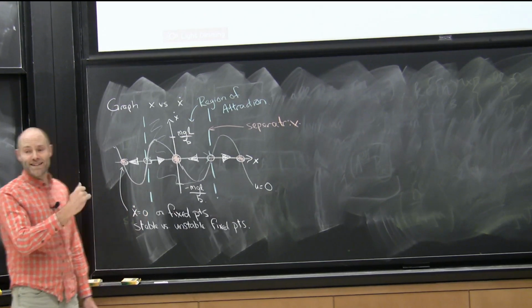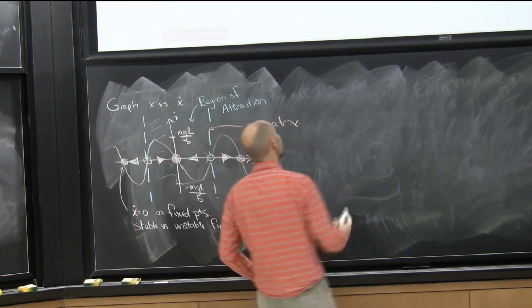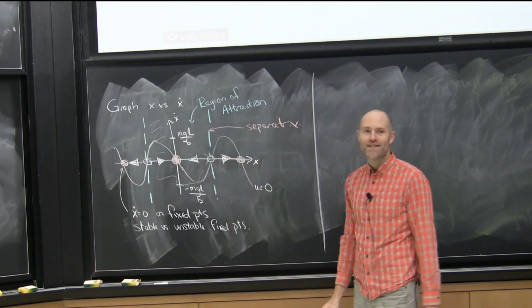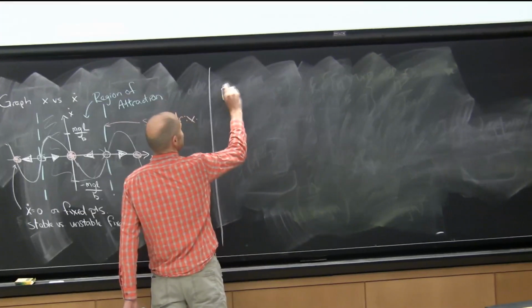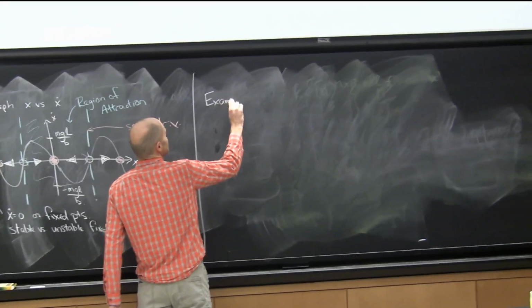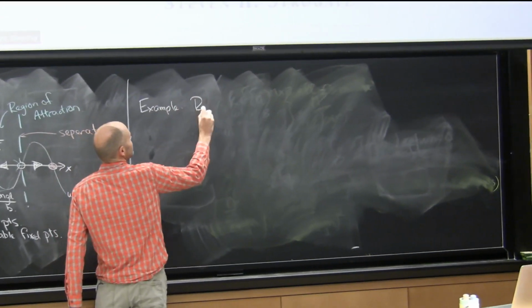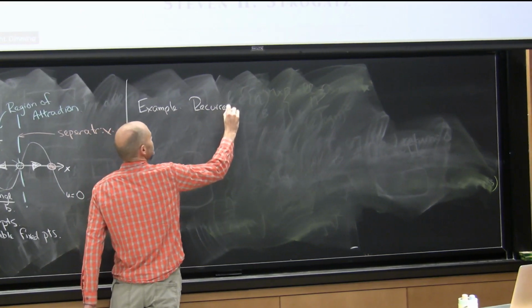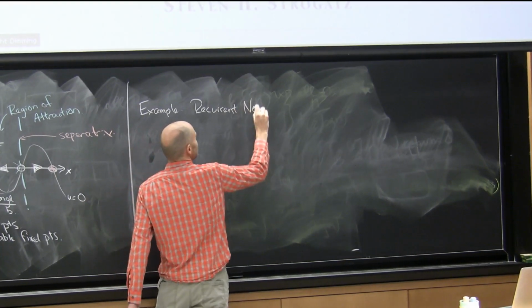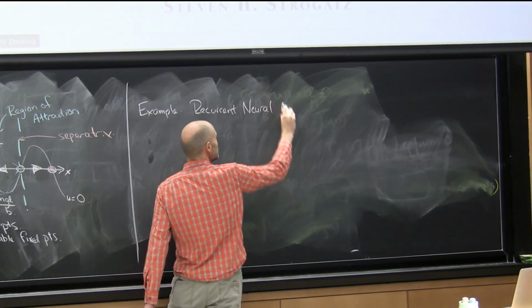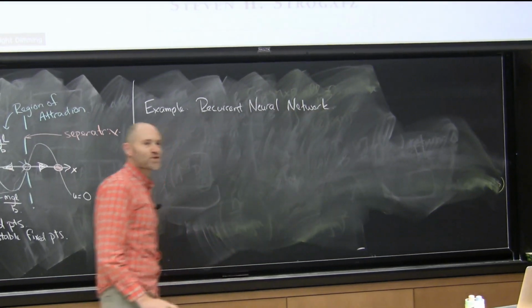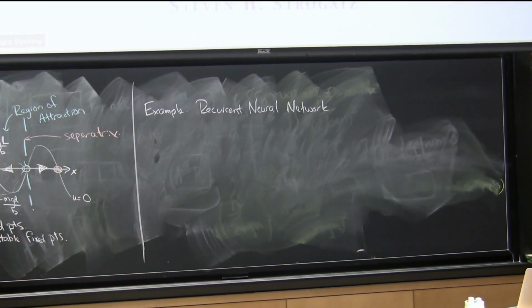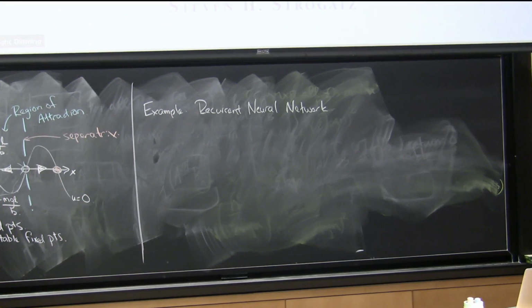So I put a neuron example here. Let's analyze a recurrent neural network, yeah? Now, I don't want to get you too excited. It's not a deep network. It's like the most shallow network I can possibly do. It's got a single neuron. It's one-dimensional plotting.